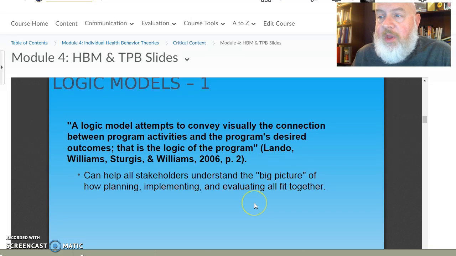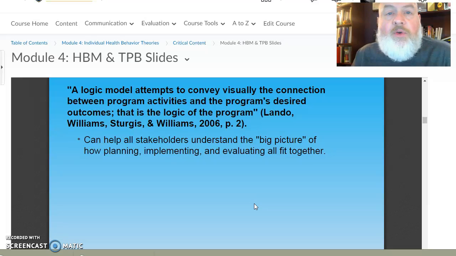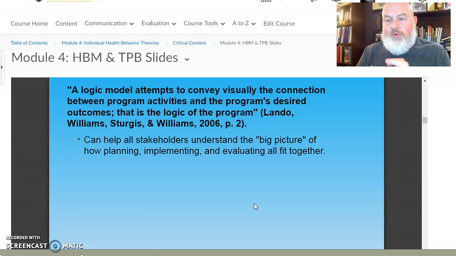In your logic models, of course, all you're doing is telling us in a nutshell, through visualization, the scope of your intervention and what you want to do.